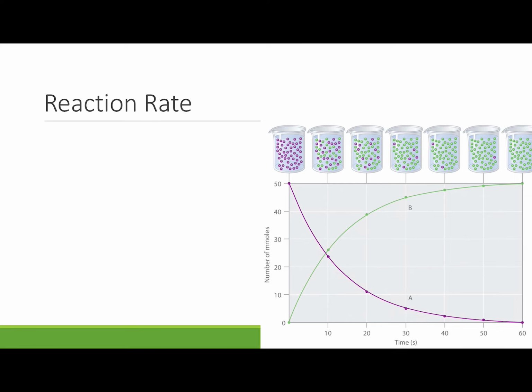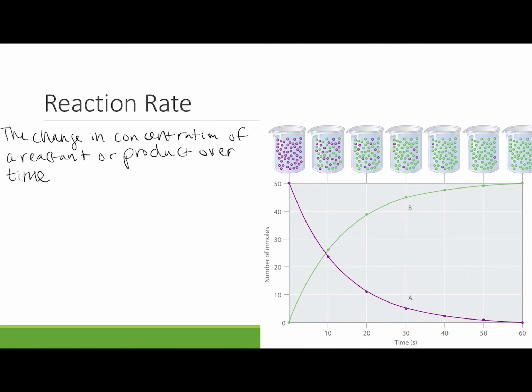Okay, so our chemical reaction rate is based on the change in concentration of a reactant or a product over time. It's usually given in molarity over seconds.